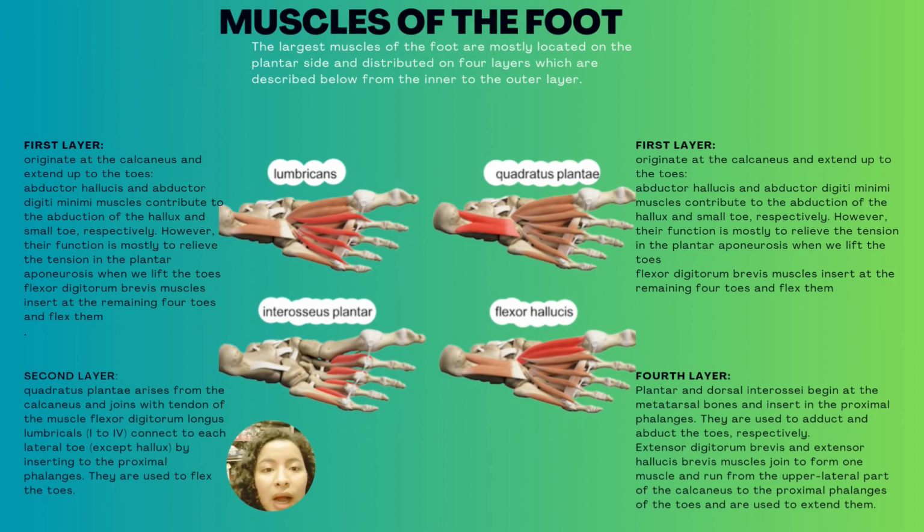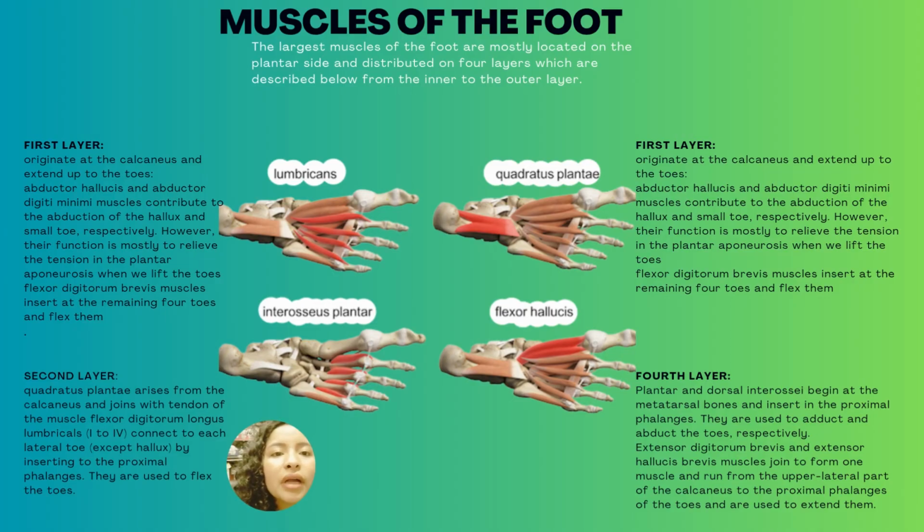Abductor hallucis and abductor digiti minimi muscles contribute to the abduction of the hallux and small toe, respectively. However, their function is mostly to relieve the tension in the plantar aponeurosis when you lift the toes. Flexor digitorum brevis muscles insert at the remaining four toes and flex them.